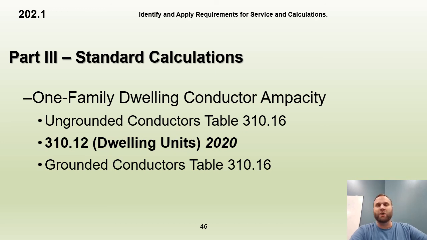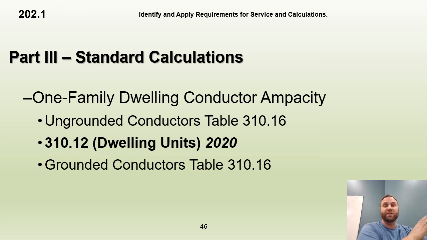Table 310.12 says I can terminate 1-aught instead of 2-aught on a 175 amp service. However, because it is less than the calculated load on the conductors, I do not necessarily have permission to use 1-aught instead of 2-aught.